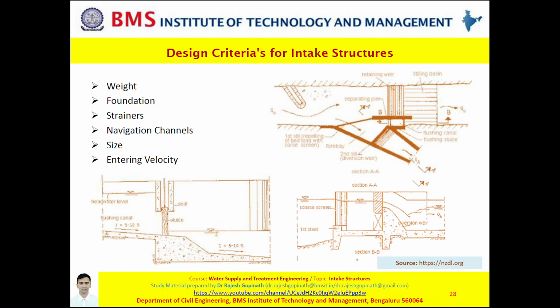The entering velocity in a conduit, that is your inlet pipe, should not exceed 0.15 meters per second. This also helps by avoiding small fishes' intrusion.